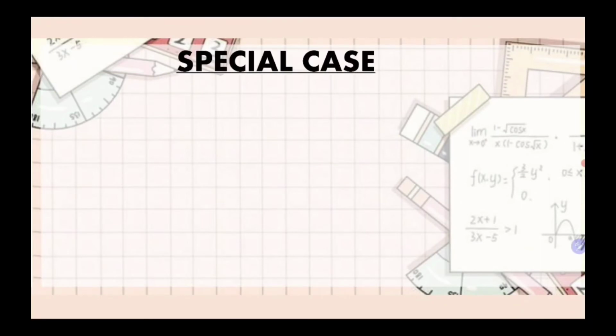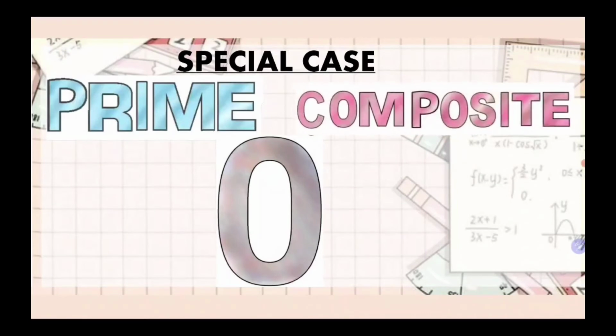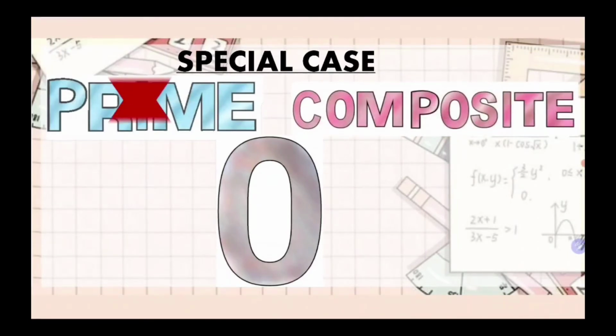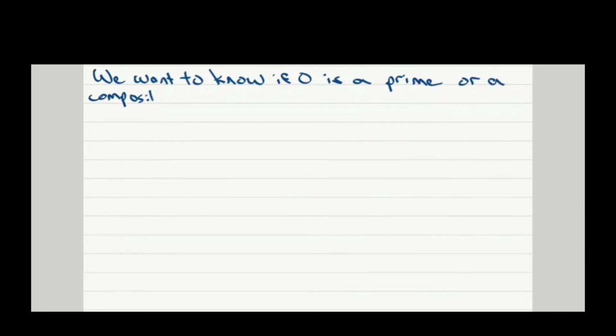Now we will look at a special case. Is 0 a prime number or a composite number? Well, the short answer is neither. So this is what we're finding. We want to know if 0 is a prime or a composite number.